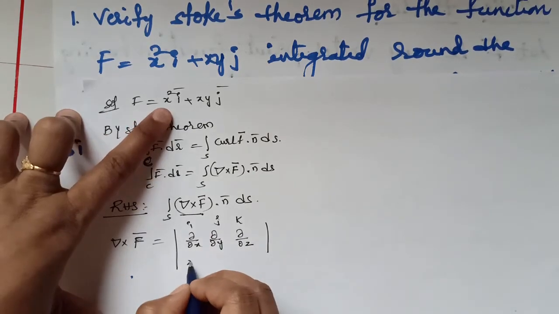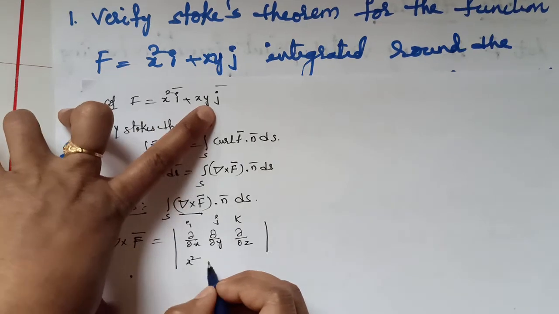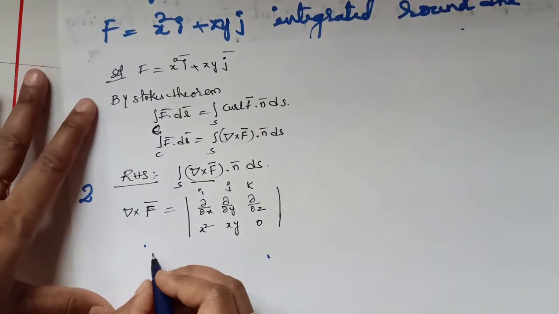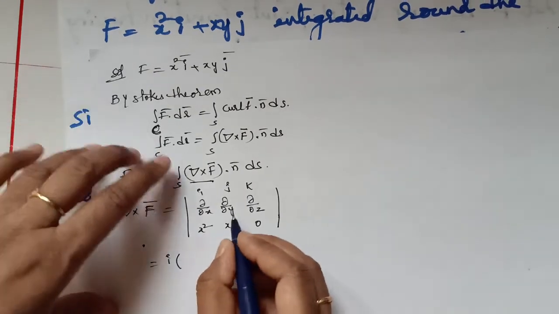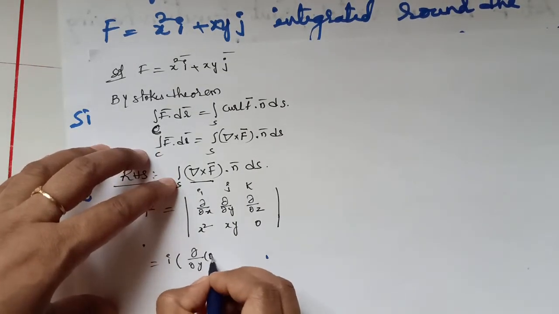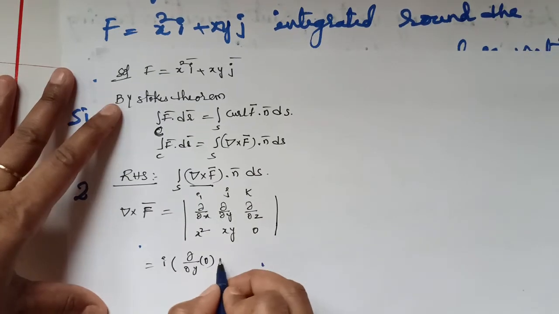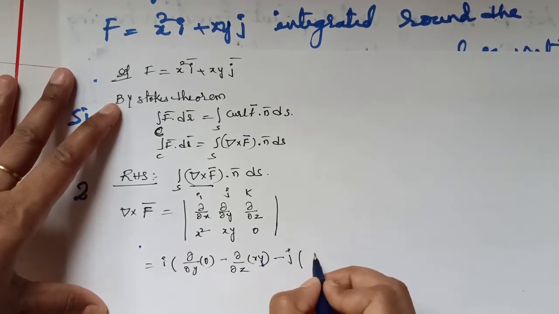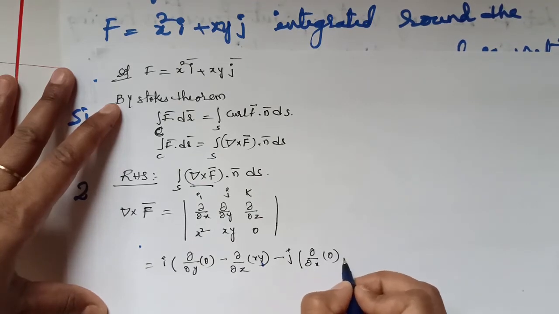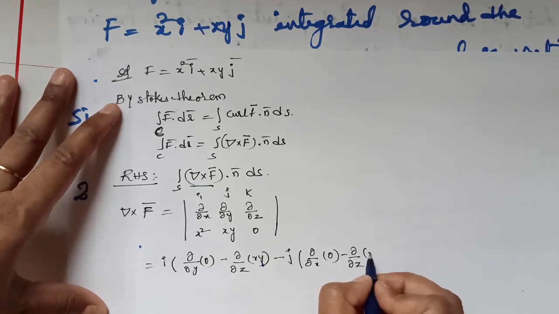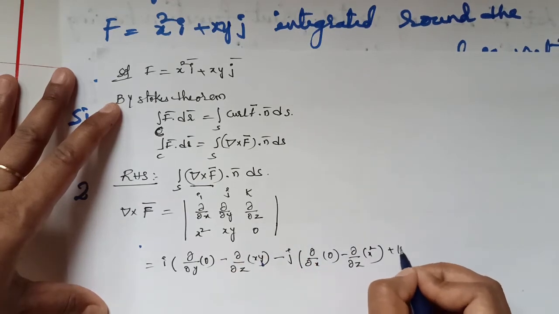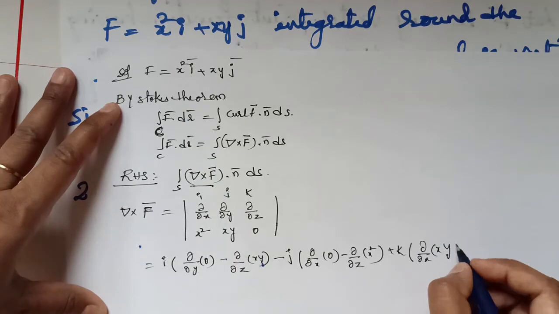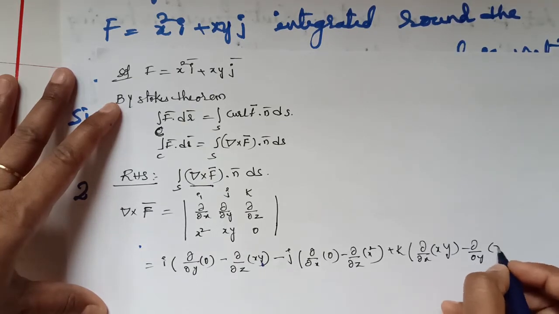Here f1 is x square, f2 is xy, f3 is 0. So now find i times dou by dou y of 0 minus dou by dou z of xy, minus j times dou by dou x of 0 minus dou by dou z of x square, plus k times dou by dou x of xy minus dou by dou y of x square.